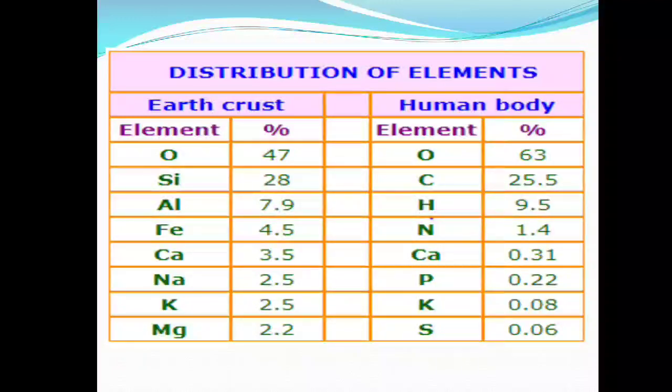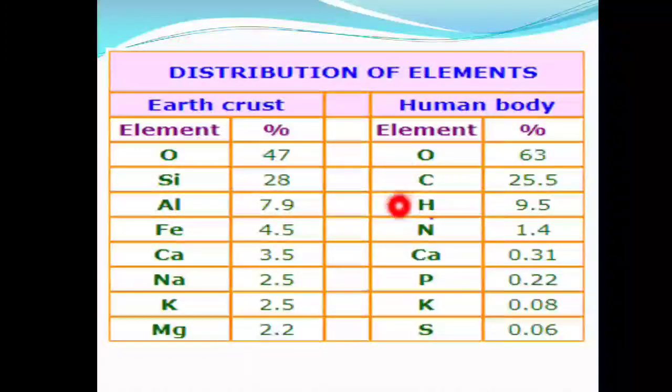And this is the table which gives the information regarding the elements present in the earth crust. Oxygen is 47% in the earth crust, but it is present at 63% in the biological system. It plays an important role. Silicon is 28% in the earth crust, but it is 25.5% in the human body. Aluminum is 7.9% in the earth crust.